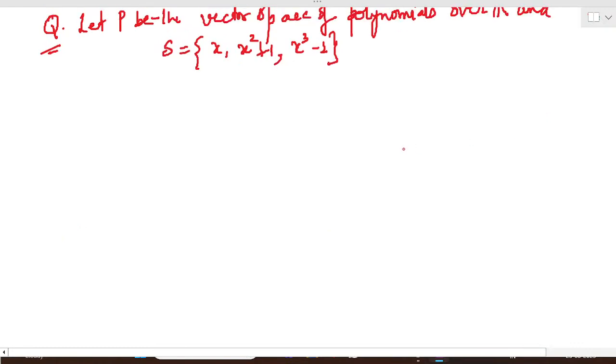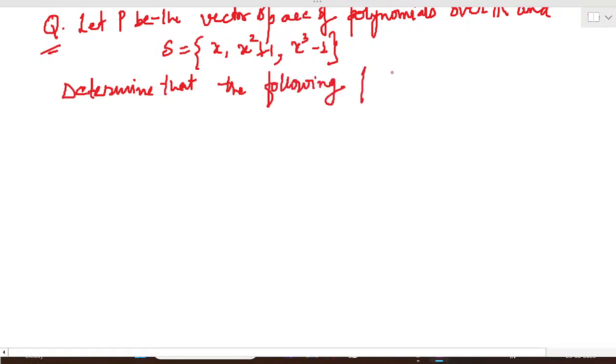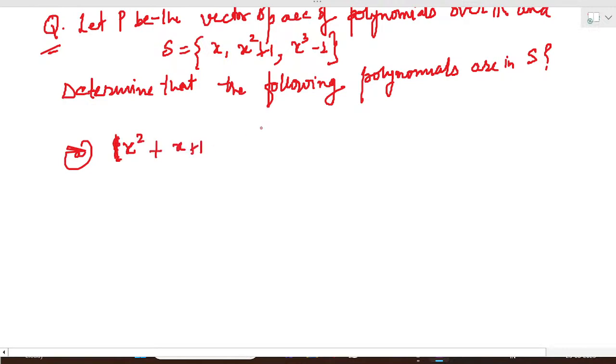Now what I'm asking you is to determine whether the following polynomials are in the span of S. The first polynomial is x square plus x plus 1, and the second one is 2x cube plus x square plus 3x plus 2.